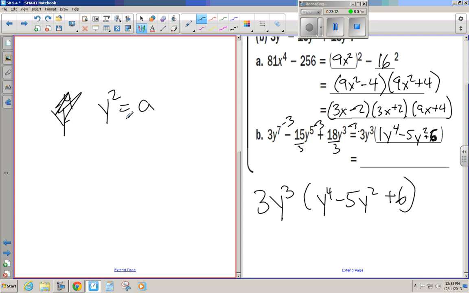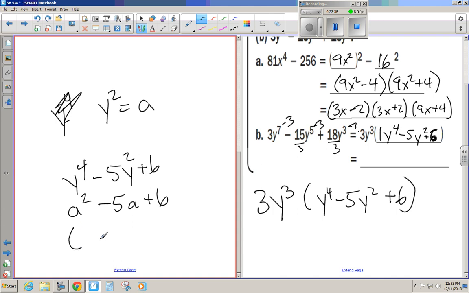All right? Because when you do that, this y squared becomes 5a plus 6. Y to the fourth actually becomes a squared. And now this is something that is factorable.